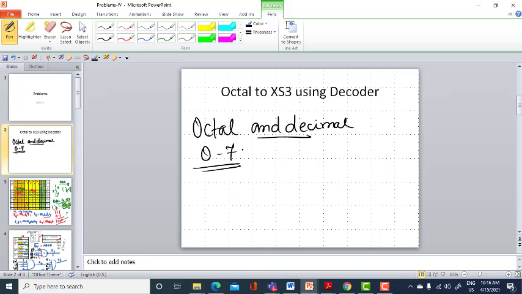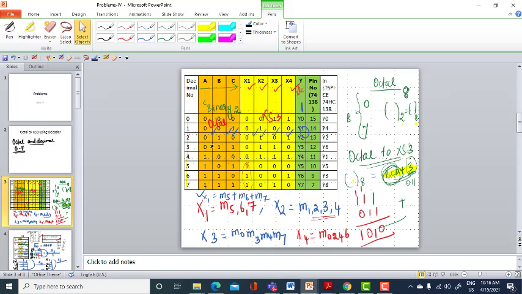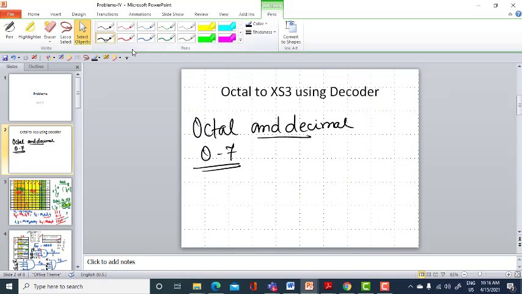We have taken only 0 to 7, that is 8 octal values. So binary is 0 0 0 to 1 1 1, and for octal and binary it will be the same. Octal, decimal and binary are the same for 0 to 7. Only after 7 will your binary and octal differ.